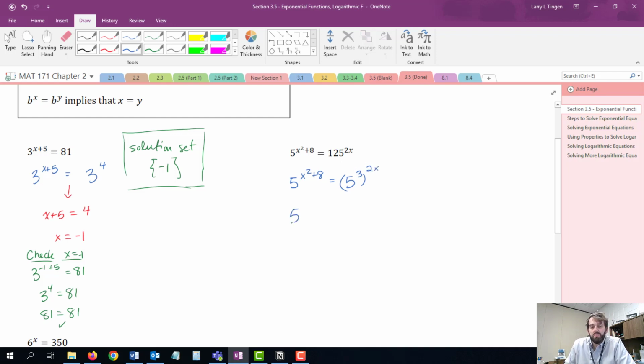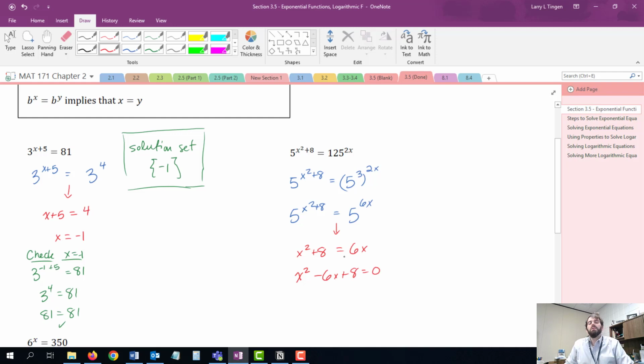Raise a power to a power on the right, and I get 3 times 2x is 6x. And then, now that I have the same base, the rule says that x squared plus 8 must equal 6x, which means x squared minus 6x plus 8 is 0.